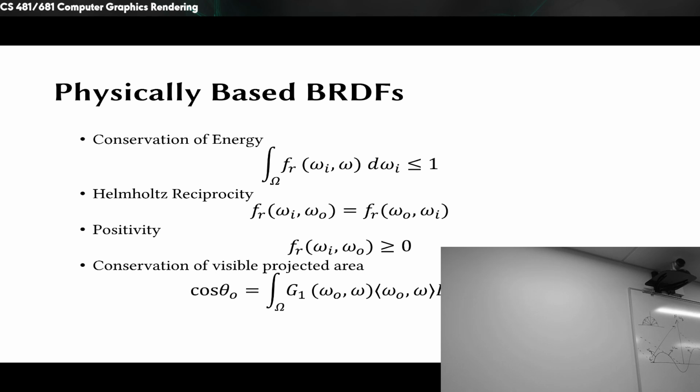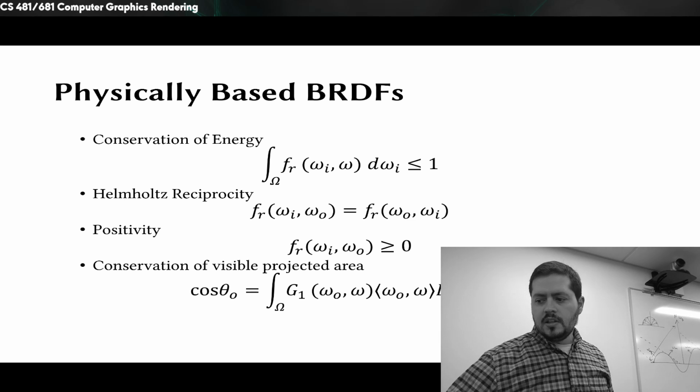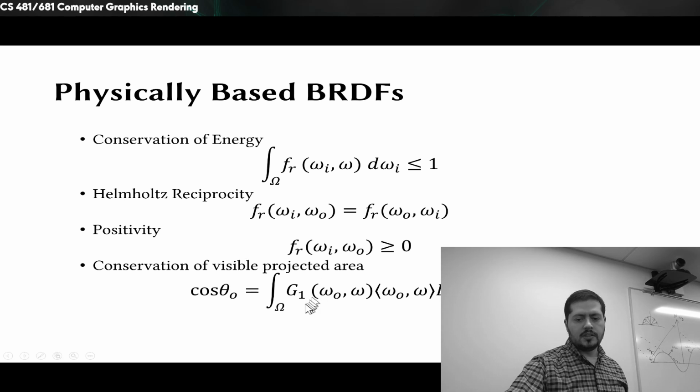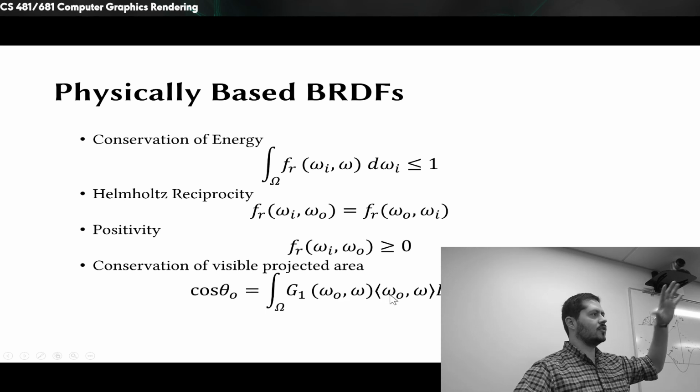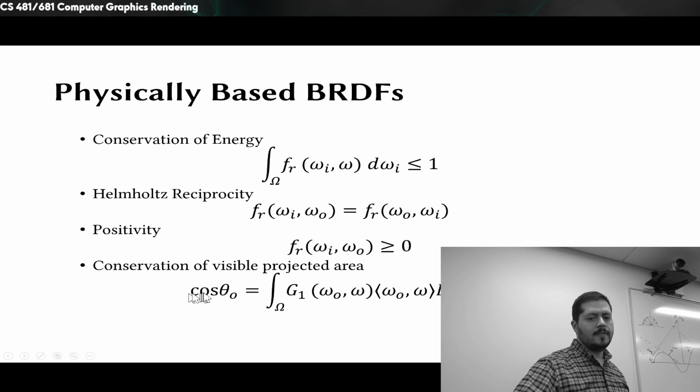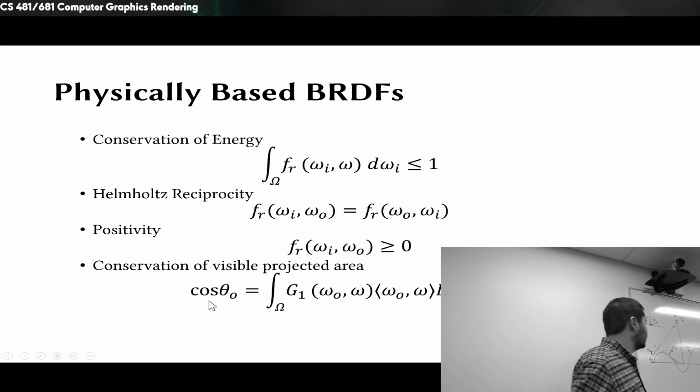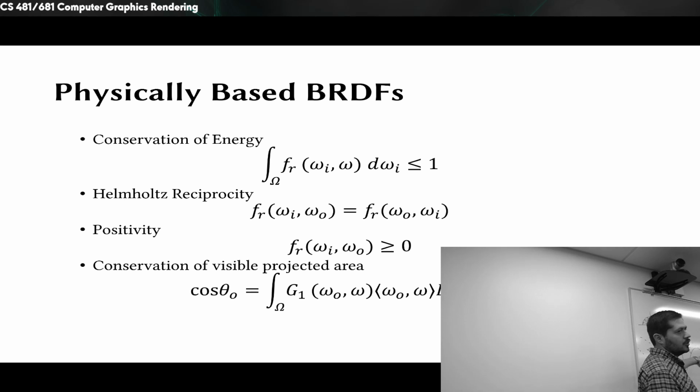Okay, and this function g1 is like the masking function. In other words, this area is masked. So you have masking and shadowing going on. And so basically, if you were to take your masking function and integrate it over the entire hemisphere, then you should get the same area as if you had pretended that there was no microgeometry at all.